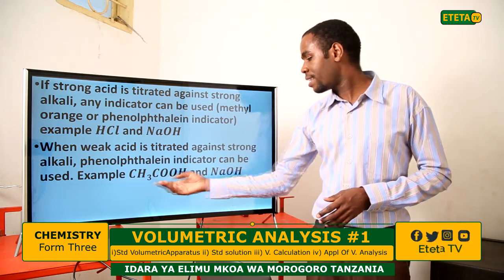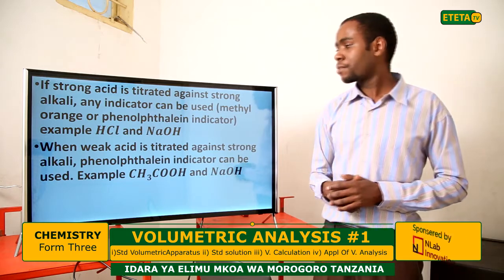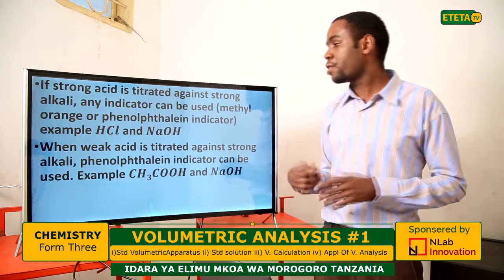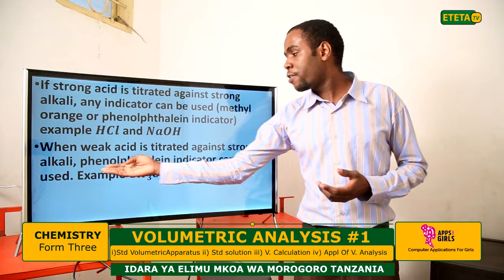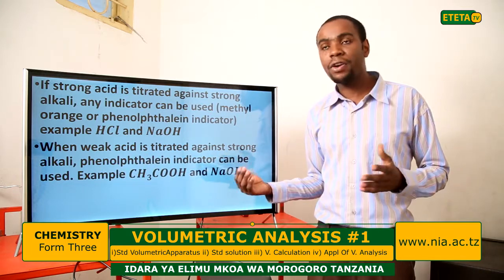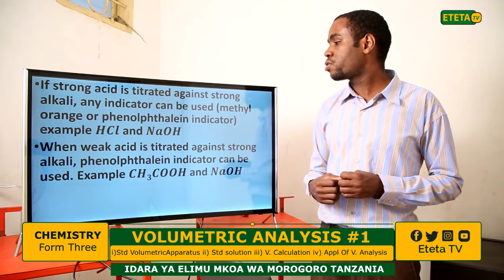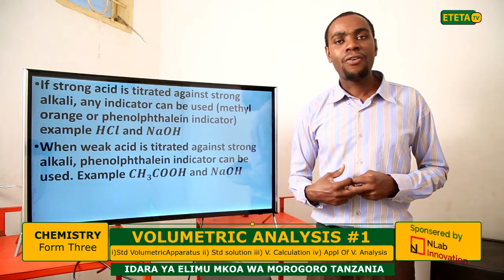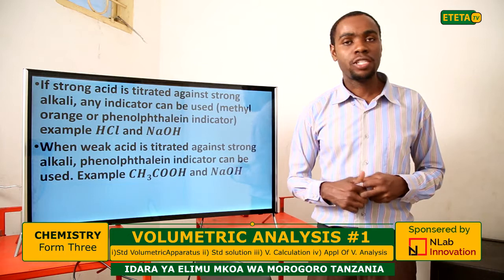So, weak acid, strong alkali, phenolphthalein indicator can be used. Why? Because phenolphthalein indicator is a weak organic acid, and the weak organic acid always requires a strong alkali in order for the color to change.